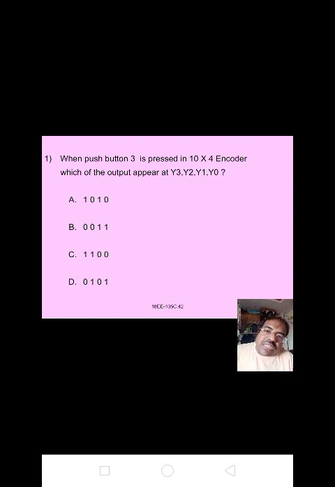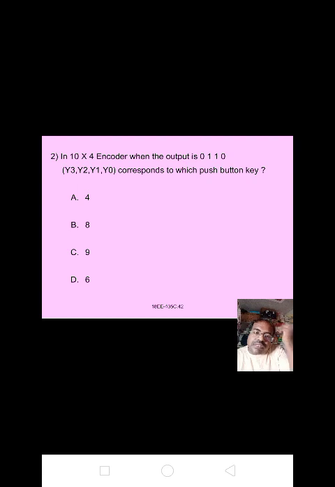For push button 3 pressed in 10x4 encoder, the output at Y3, Y2, Y1, Y0 is B, 0011. Next, in 10x4 encoder, when the output is 0110, that is Y3, Y2, Y1, Y0, it corresponds to which push button key?